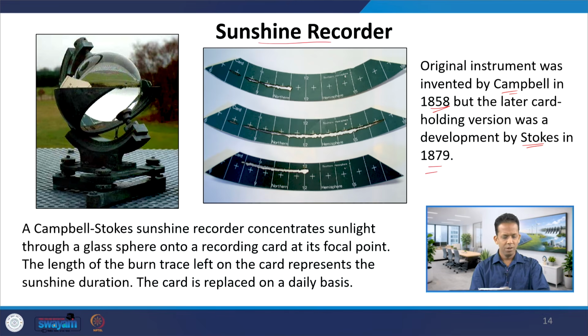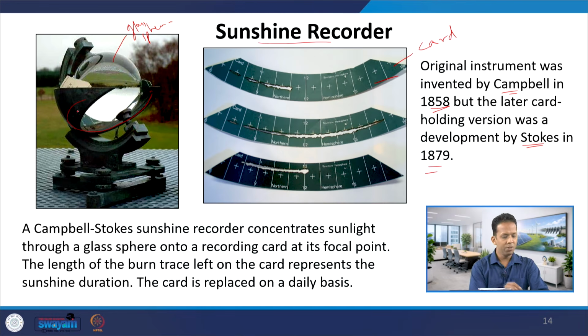What it does, you can see a glass sphere here at the bottom, and then there is this curved plate on which these cards are placed. It is called a solar card or sun card.